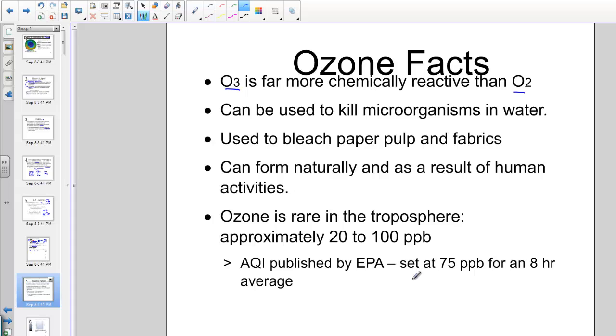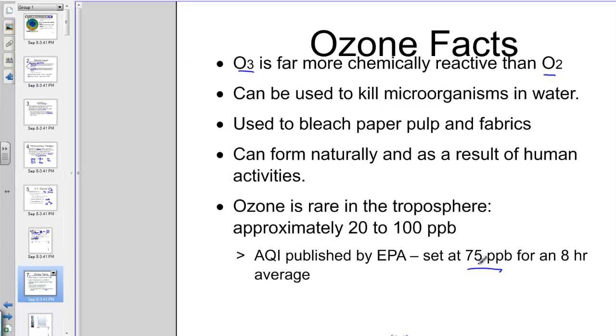And published by the EPA, our acceptable level of ozone is 75 parts per billion for an 8-hour average. This is just the air quality index published by the Environmental Protection Agency, setting a standard of no more than 75 parts per billion to be exposed to in an 8-hour average.